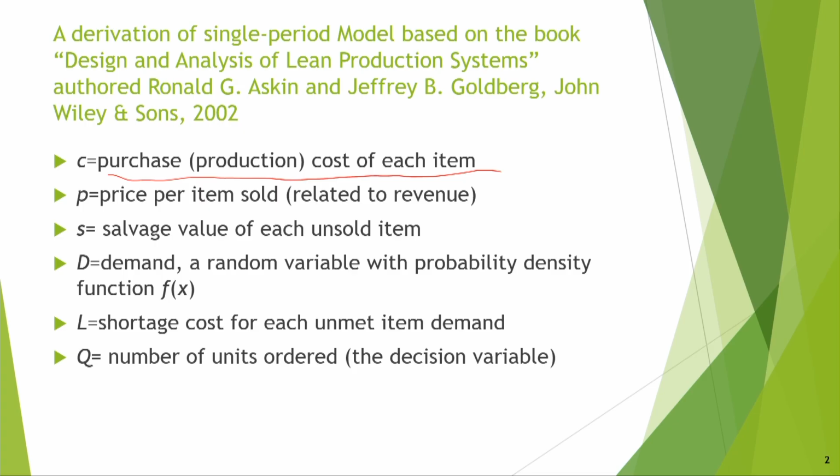D is the demand. Demand is considered as a random variable with probability density function f(x). So, there is a probability of demand. Demand can be 10 units, it can be 15 units, but there are different probabilities associated. So, considering that demand is continuous, we use the probability density function f(x).